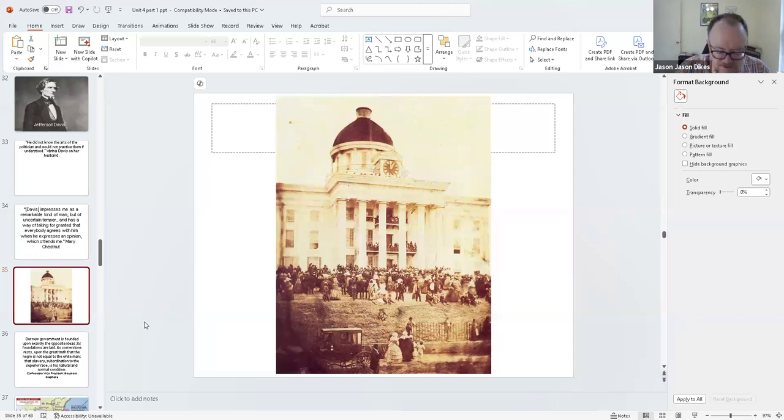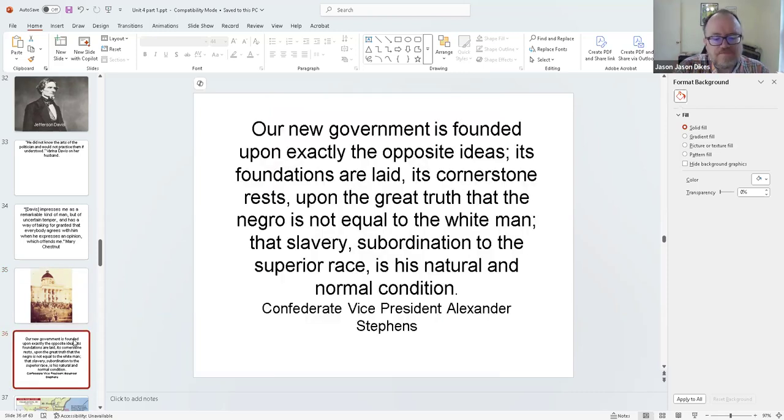The Confederate vice president is a guy named Alexander Stephens. We really won't hear of him again until Reconstruction. But he did do a curious thing. Right in the middle one day, he was giving a speech where he was explaining how the new Constitution would work and the powers of government. He dropped this quote in there.